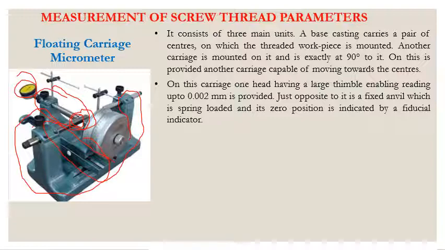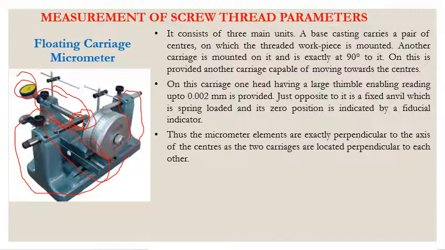When the zero position of this plunger is reached, it is indicated by the reading on this dial indicator or visual indicator. Thus, the micrometer elements are exactly perpendicular to the axis of the centers, as the two carriages are located perpendicular to each other.